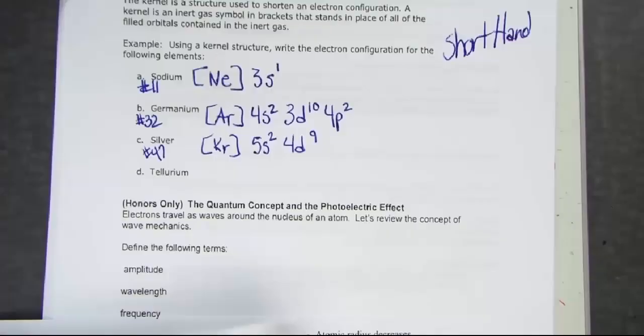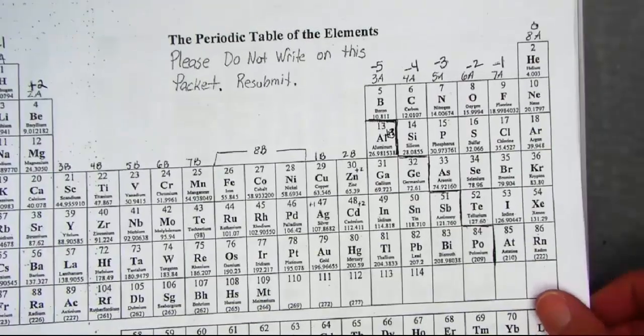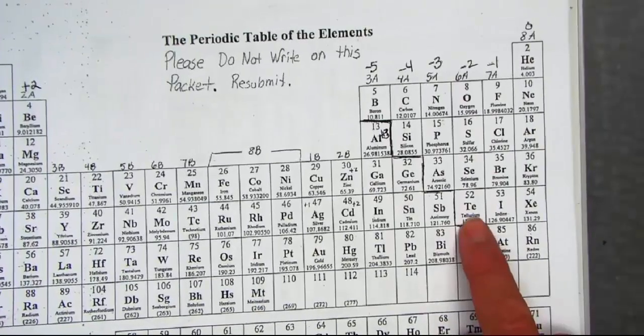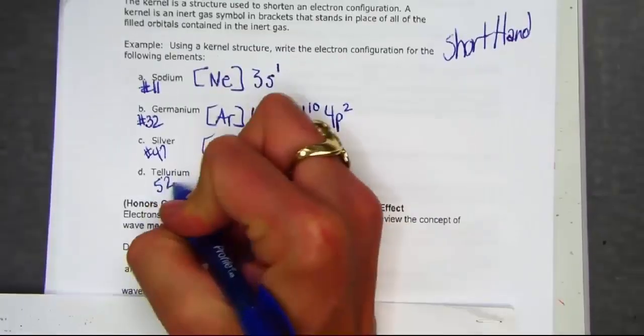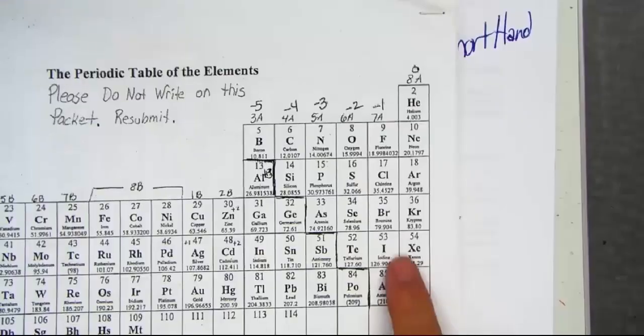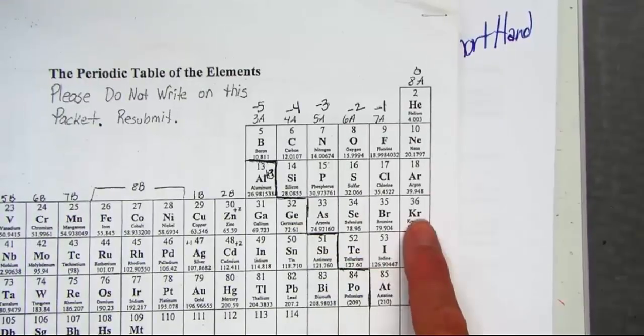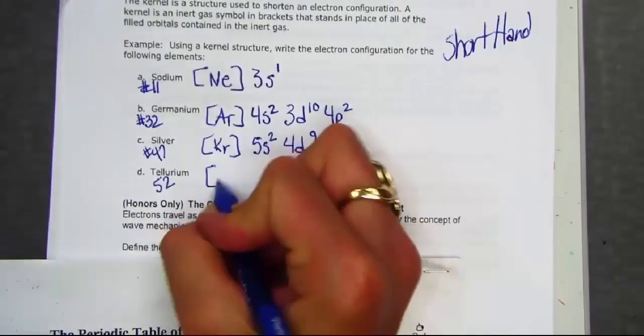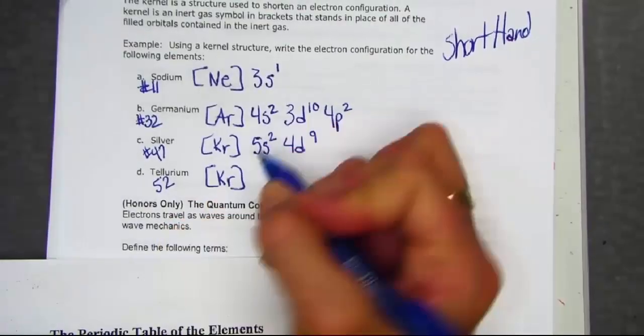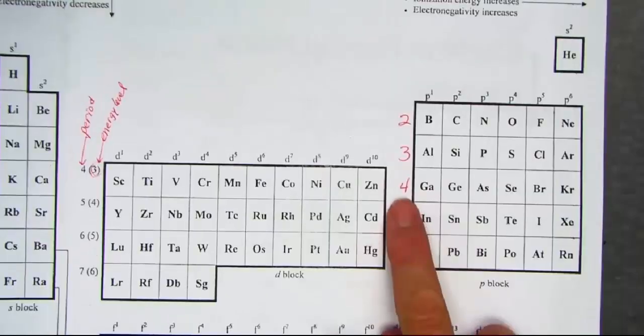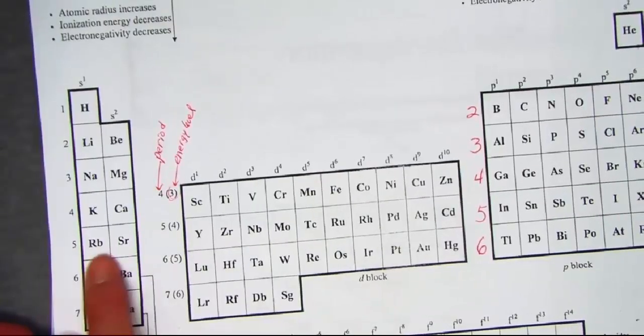The last example I'll work with you is tellurium, Te, number 52. We have to write for 52 electrons, and the last noble gas we pass through is again krypton. So again from krypton, after we fill krypton, that's like ending row 4, we pick up with row 5.